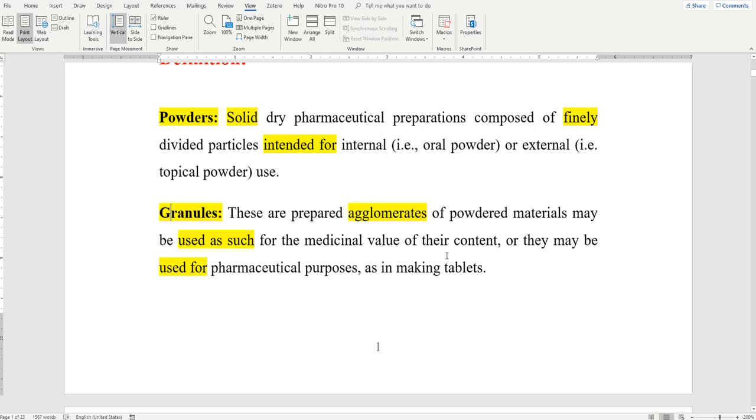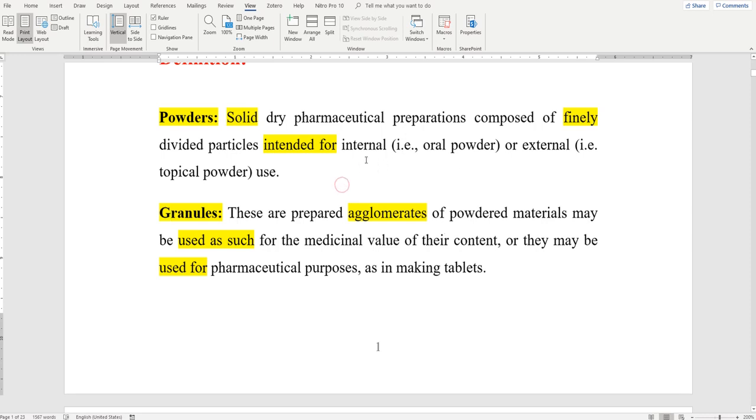We can use them as granules as a dosage form, or we can use them for other pharmaceutical purposes, meaning an intermediate step, not the final step where the dosage form is granules. We can use them to make tablets, or as I told you, fill them in the capsule shells.